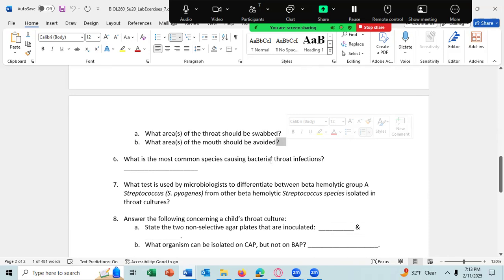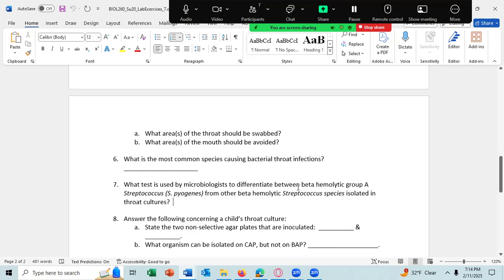And then 6, what is the most common species causing bacterial throat infections? It has to be an infection caused by a bacteria, and it has to be a species name. 7, what test is used by microbiologists to differentiate between beta hemolytic group A Streptococcus and other beta hemolytic Streptococcus species isolated in throat cultures?